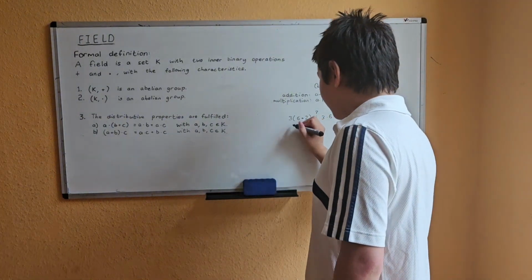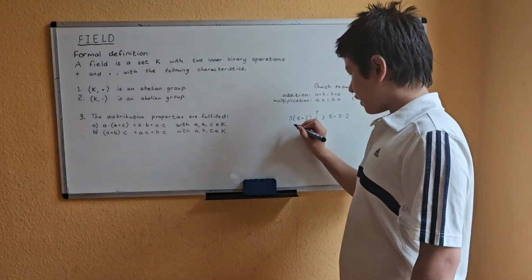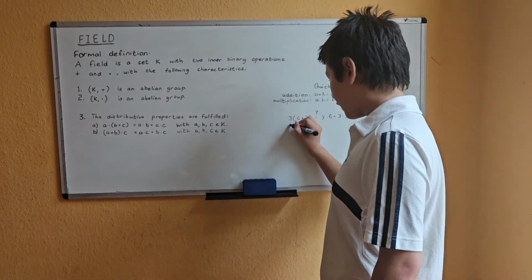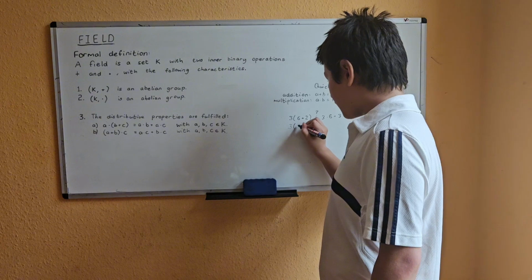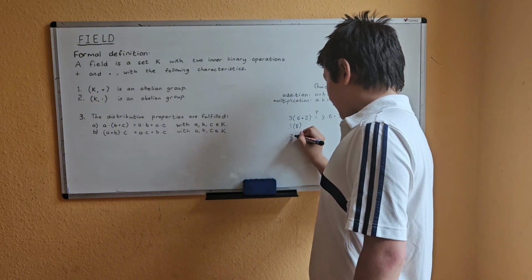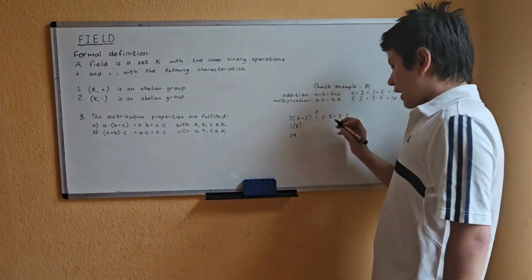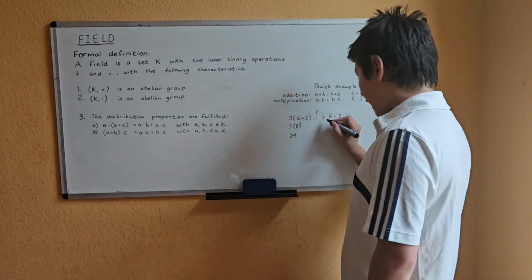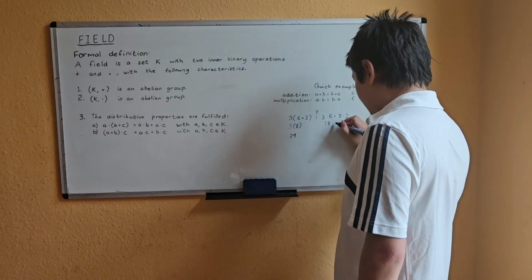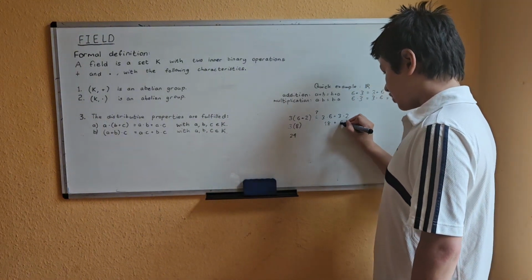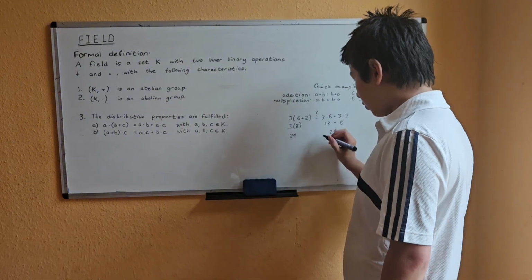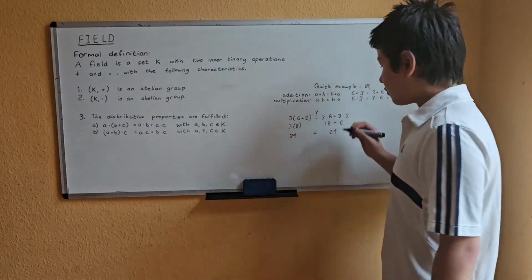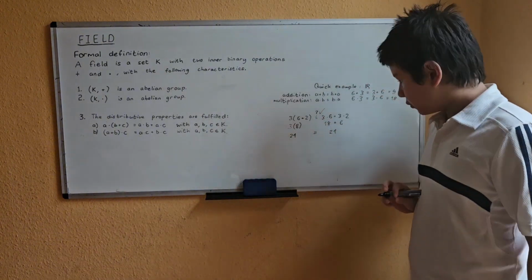Well, on the left side, we have 3 times (6 plus 2), so solving inside the parentheses, we get 3 times 8, that equals 24. And now on the right side, we have 3 times 6, which is 18, plus 3 times 2, which is 6, and that equals 24. And these two equal each other, so we've proven that.